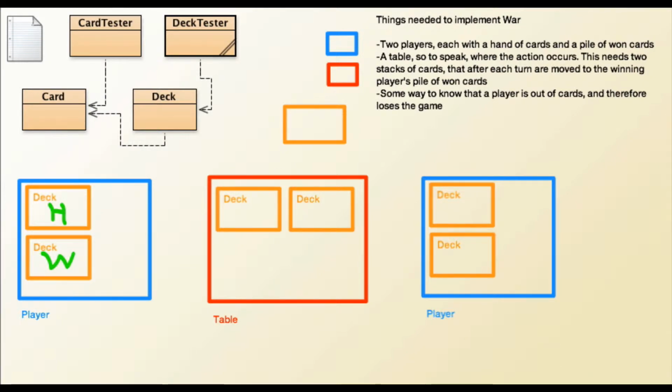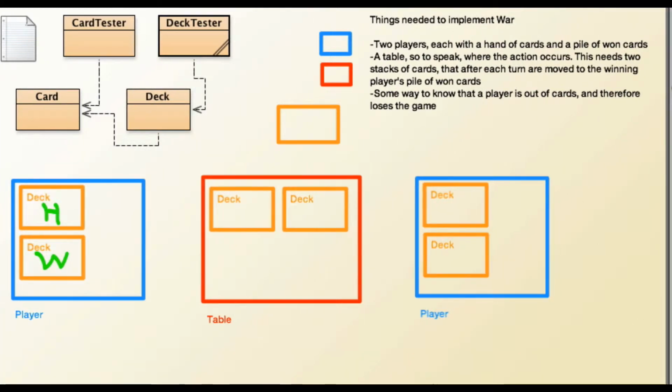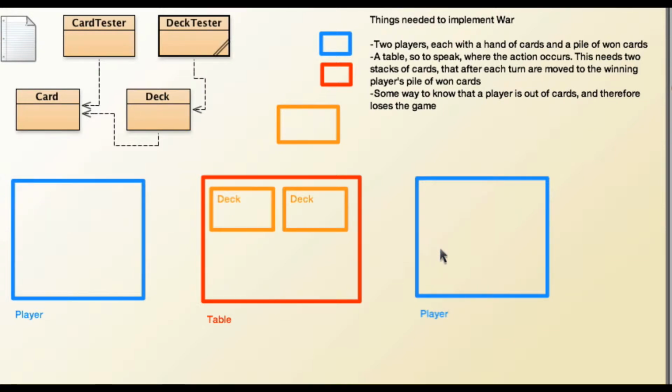Now let's look at this. This should be familiar to you. But I'm going to suggest some modifications based upon feedback that I've had from talking to people. I'm going to suggest that you not use deck classes for each of the players, and that we rethink this.